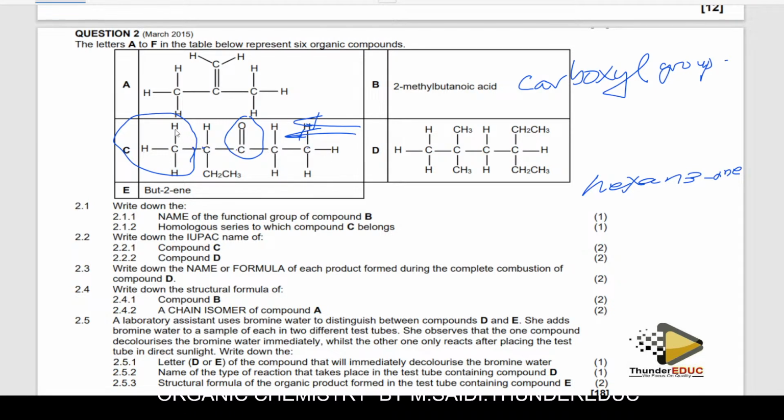It is on carbon atom number 4. How many carbon atoms are on the side group? It's only 1. So it's 4-methylhexan-3-one.